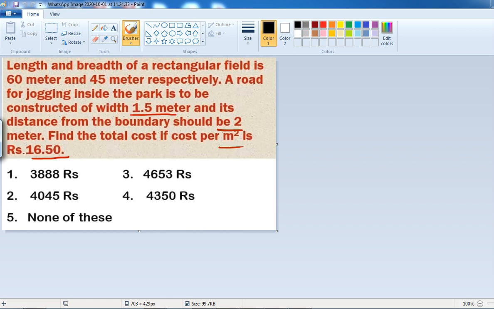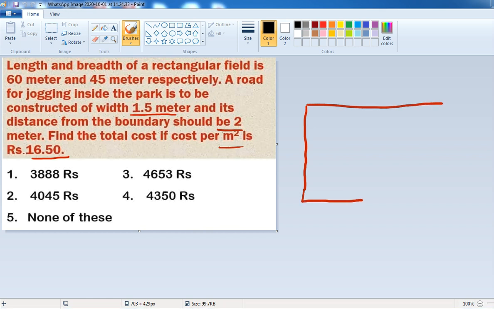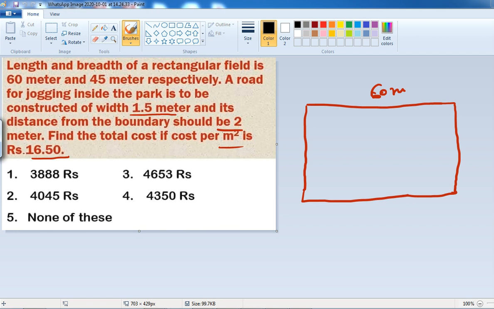So first let us draw the rectangular shape. The rectangular shape is like this. The length is 60 meters and the breadth is 45 meters.